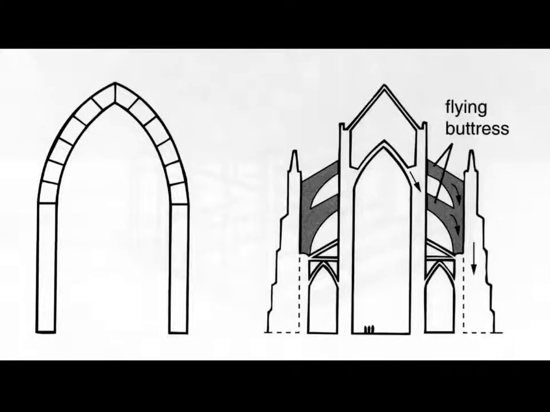And here's a little bit better blueprint of what the flying buttresses look like and what they do. Again, it's just a continuation of an interior arch, and they support the walls so that the building itself doesn't collapse. It helps to transport the weight further out to the ground.